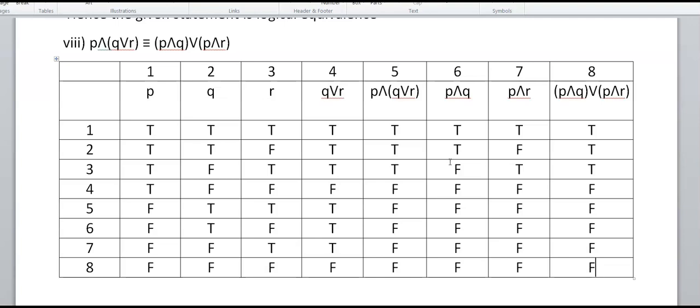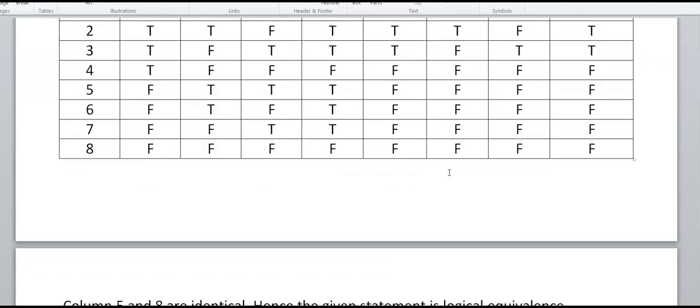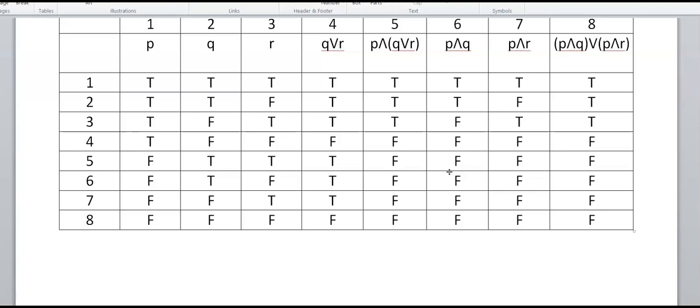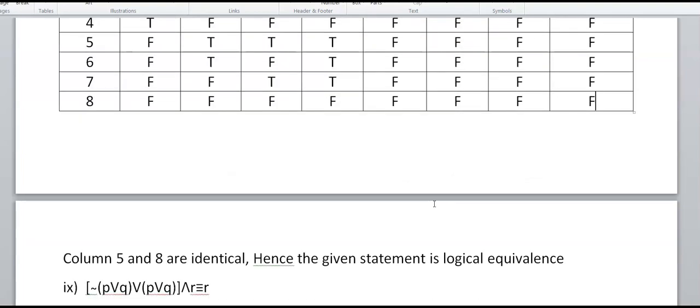Therefore, the 5th and 6th are logically equivalent. 5th and 8th are logically equivalent.